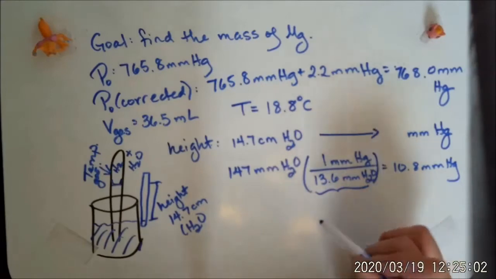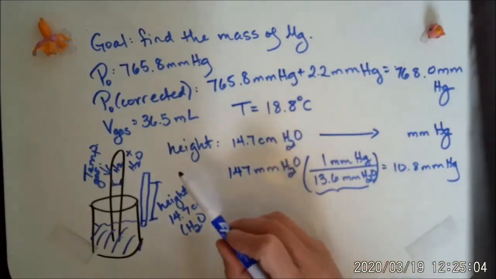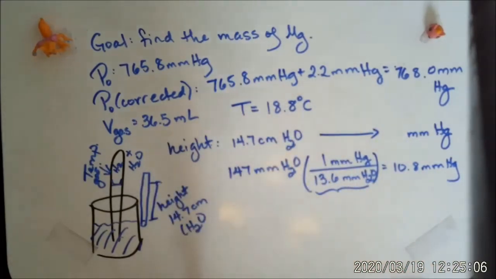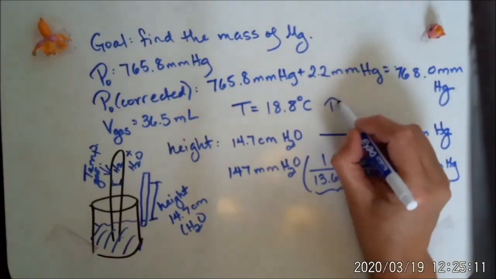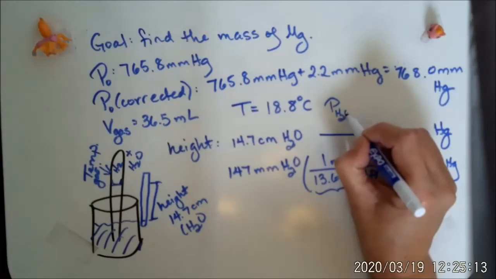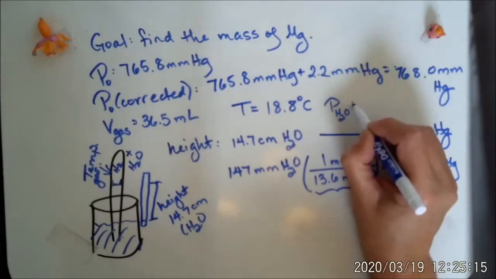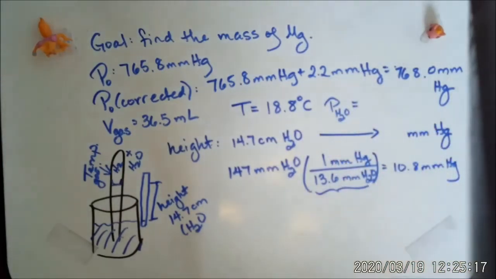So this one needs to be converted to Kelvin. But from this temperature, we can get the pressure of the water vapor. And the reason we can do this is, remember, water is a pure substance. So if we know the temperature, we can actually get our water vapor.